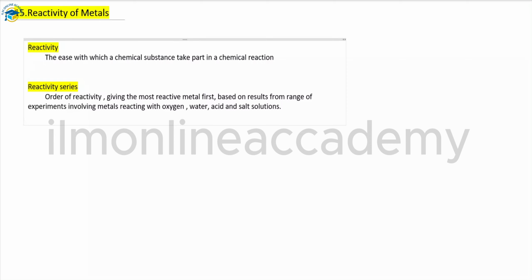And as we know, most of the elements in our periodic table are metals, and most of them are very useful for a wide variety of different purposes, like as we have also read in the previous chapter, the uses of most of the metals like iron, copper, zinc, and iron has an enormous number of uses. So that's why we have this reactivity and the reactivity series, which we will discuss today.